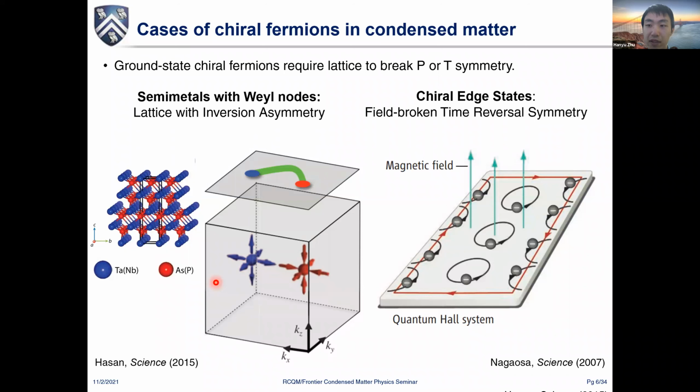The other system probably has a longer history: the chiral edge states of a quantum Hall system, since its discovery 34 years ago. We know that a magnetic field can break time reversal symmetry and cause these unidirectionally rotating chiral edge states that come from the Landau levels.